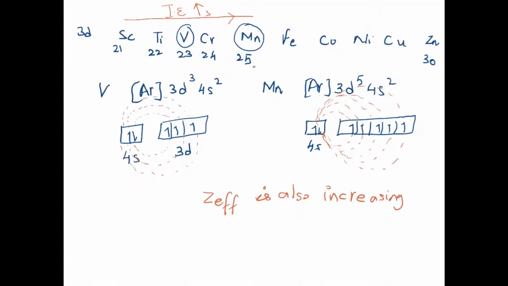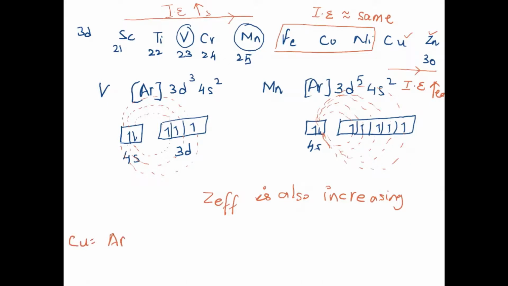Now, if we go from iron to nickel, because their atomic sizes are almost the same, ionization energy is also almost the same. Now, for copper and zinc, ionization energy increases because, as I've explained previously, of the presence of the fully filled d orbital, there is an extra stability.